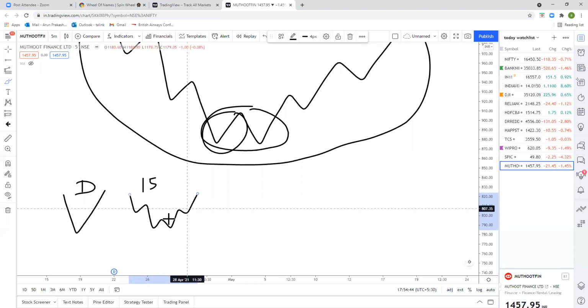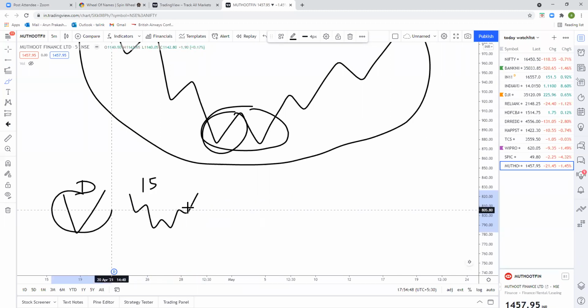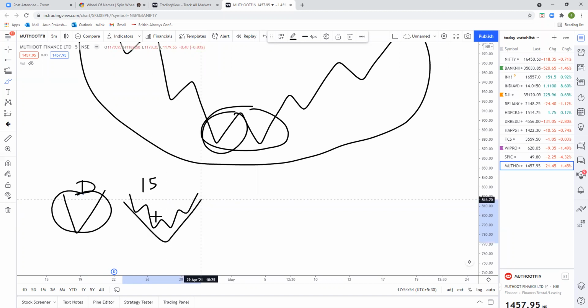So this entire range structure will be looking like this in 15-minute. You got it? Now, if you are an intraday trader, if you are trading based on 15-minute or 5-minute, this 15-minute double bottom, you can go ahead and trade just for intraday.